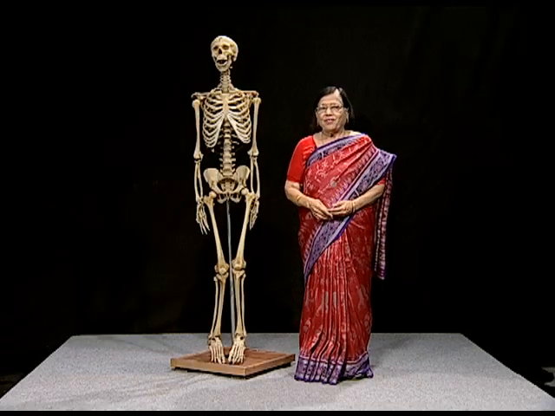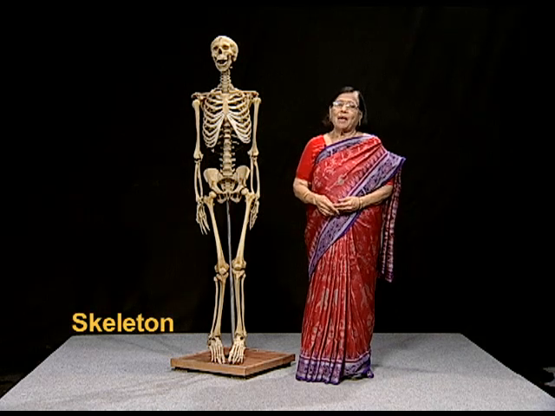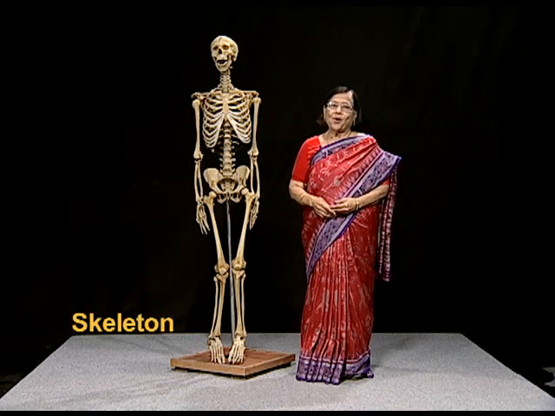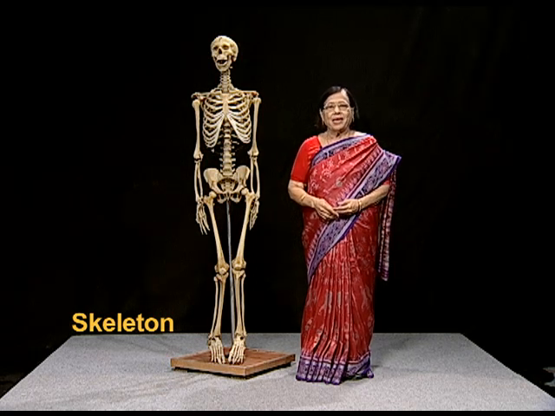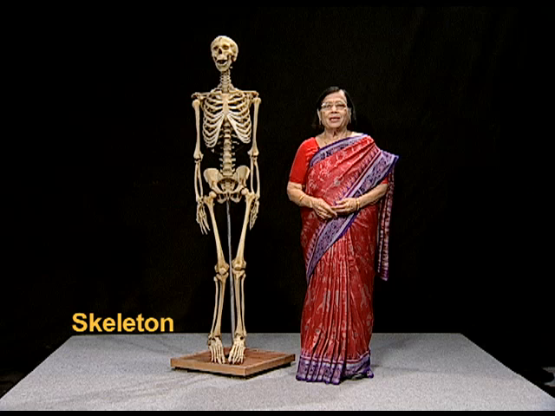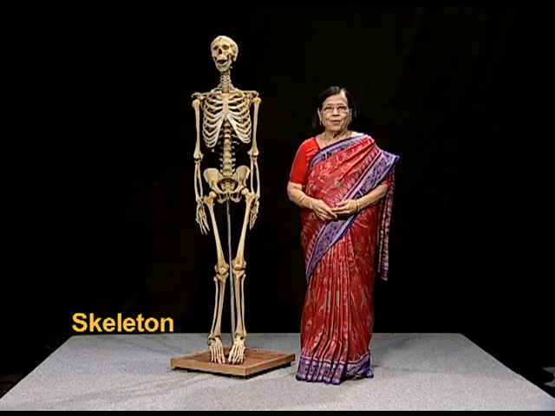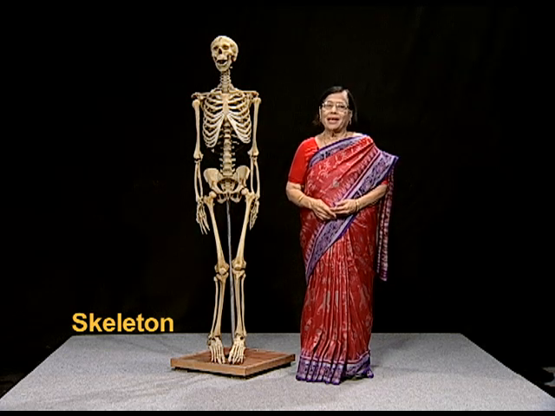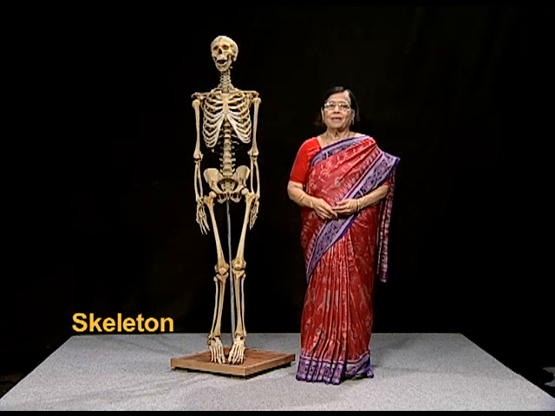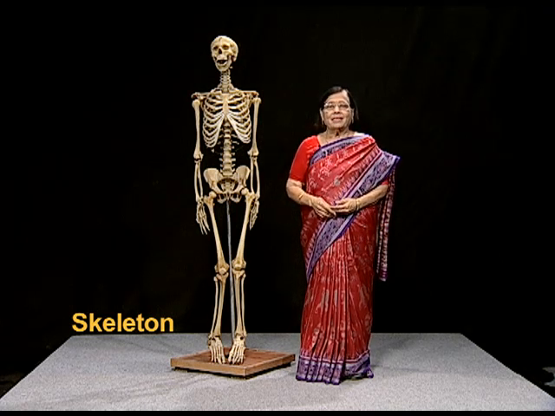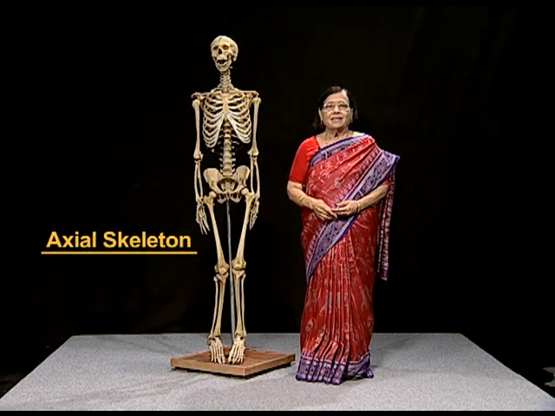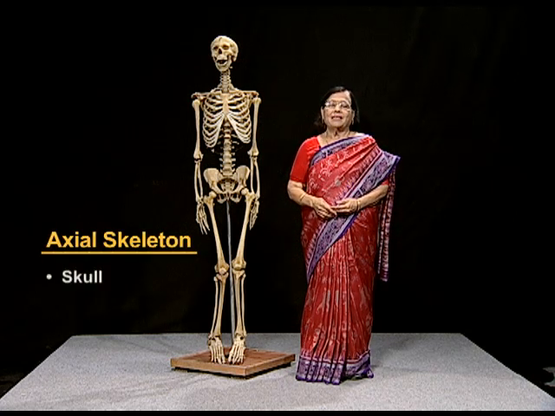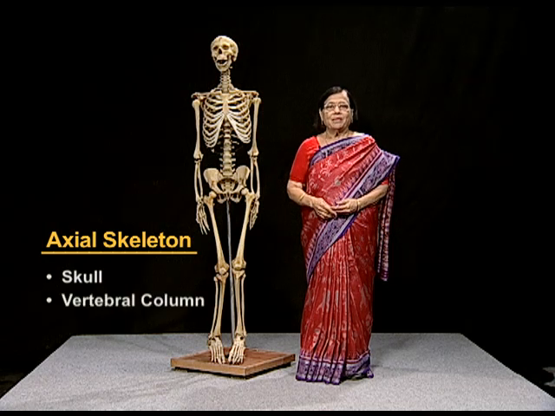Children, we have reached near the skeleton and I am quite excited to see all the bones in one vision, in one go. I am sure you are equally interested to know about the placement of these bones in our body, which we are going to discuss along with this skeleton. As you know, the skeleton has two main divisions. The axial skeleton includes the skull, the vertebral column and the rib cage.